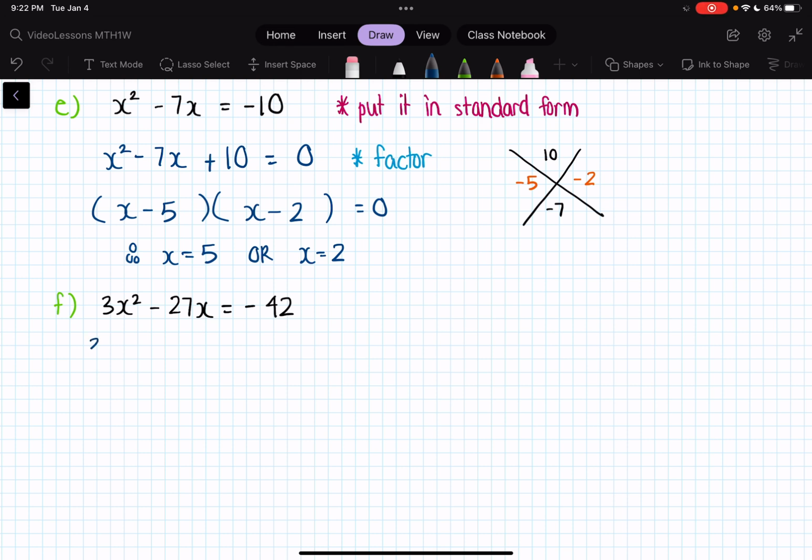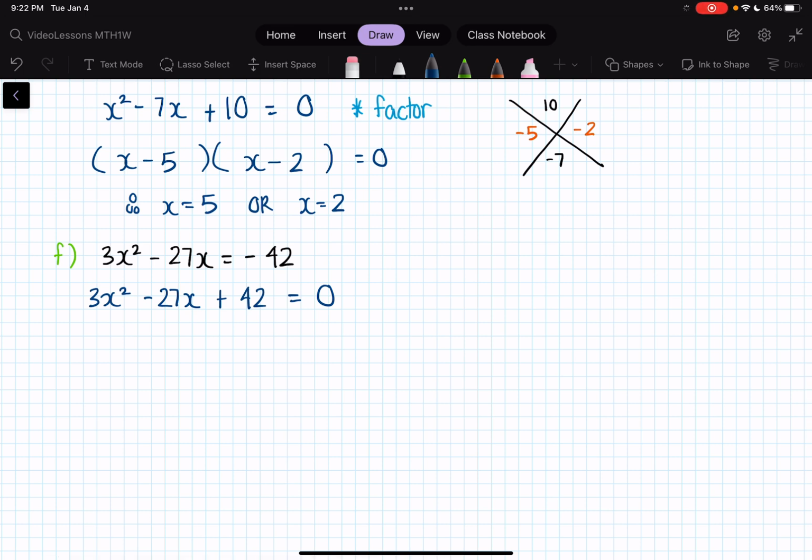So standard form, and now, remember, for us, when we're looking at any factoring, we always look for HCF first. And here our common factor is 3. So we pull out 3. And that's what we have.